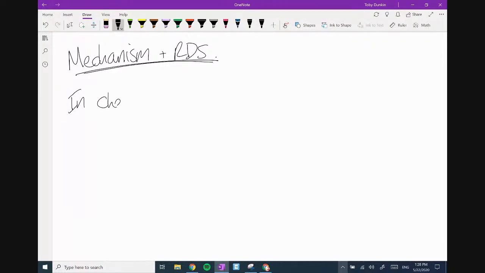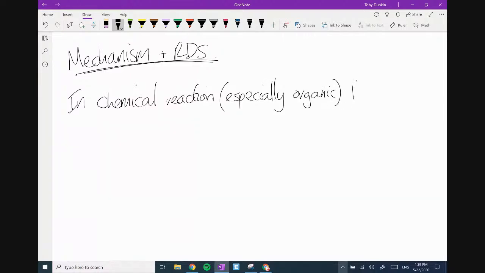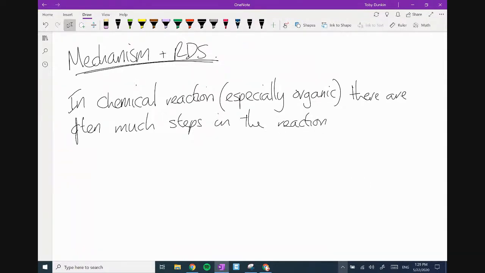chemical reactions, especially organic, there are often multiple steps in the reaction.